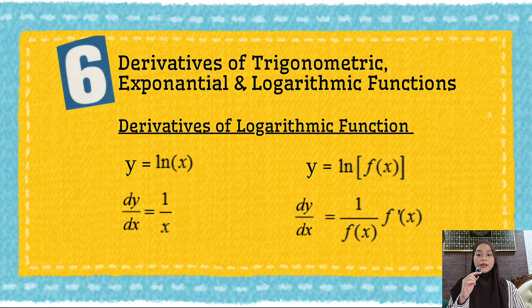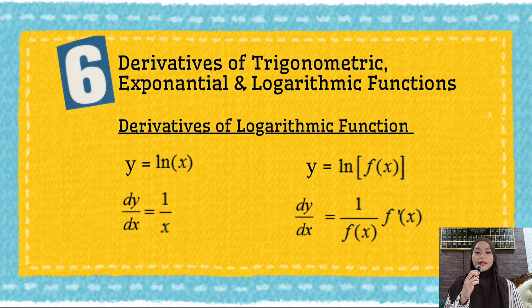So with chain rule, we differentiate the outer part first and then differentiate the inner part. So we differentiate the outer part, which is ln. When differentiating ln, we will get 1 over f(x) times the derivative of the inner function, which is f(x). So differentiate f(x), we will get f prime x. So the final answer is 1 over f(x) times f prime x.